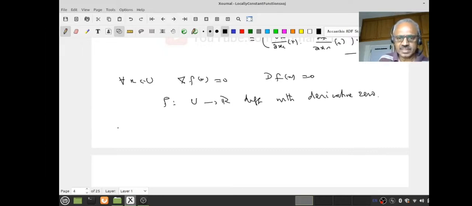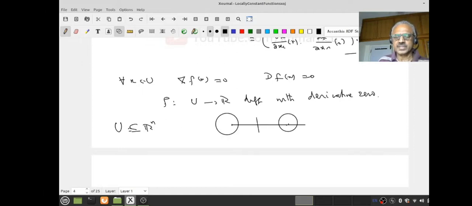Okay, let us assume my set U, let me say this is R^2, is like this: an open disk here, another open disk here, and these do not intersect. Now let me define the function to be 1 here and minus 1 here. You understand that?